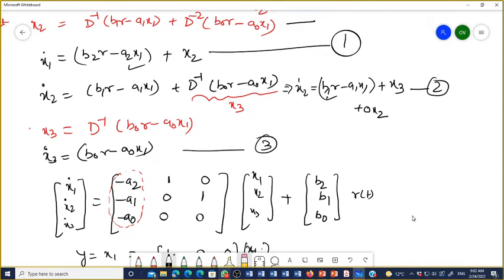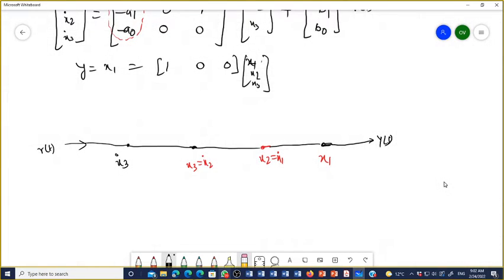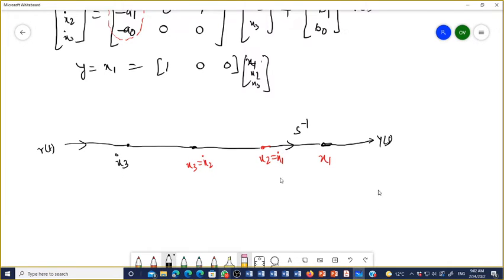First, let us see this: when do we get x1 from x1 dot? When you integrate. When do we get x2 from x2 dot? When you integrate. And x3 from x3 dot? When you integrate. It means you require 3 integrators. Is it clear?